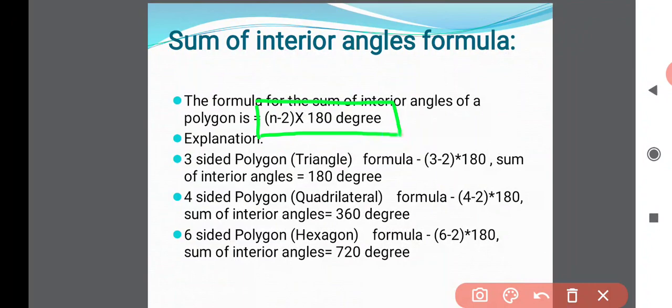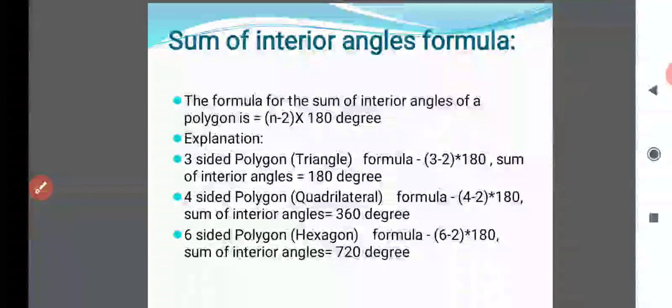If you are asked the sum of the interior angles of a pentagon, decagon, or nonagon, you can easily calculate it with this formula.